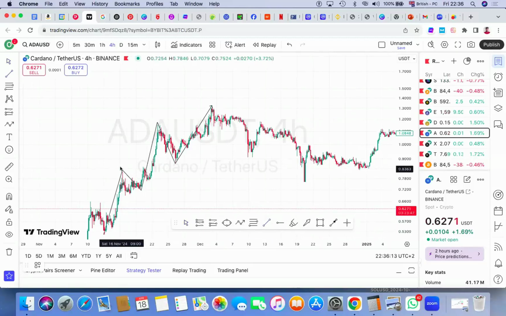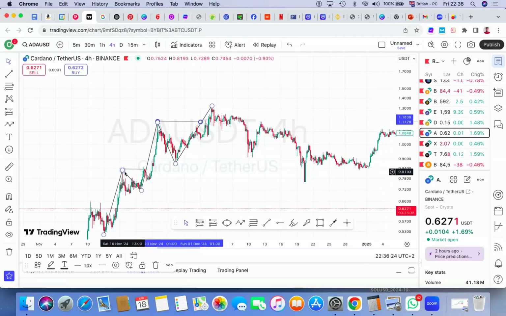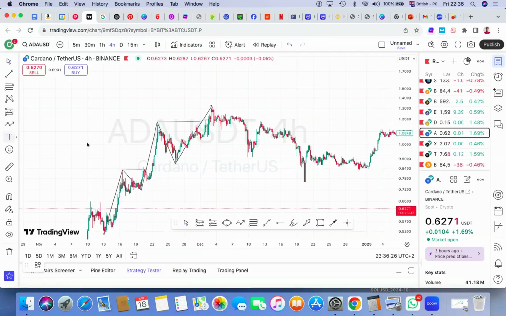You can see there is a break of structure here. There's another break of structure up here. And we have our higher high, and we have our higher low, and we have our higher high, and we have our higher lows, and so on.